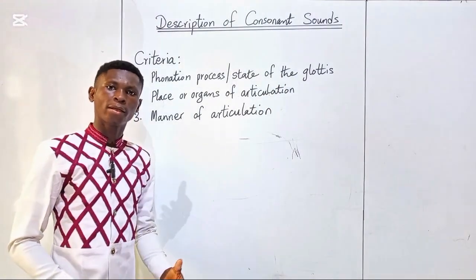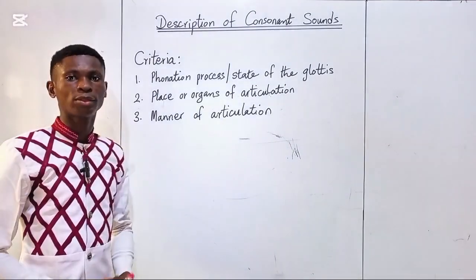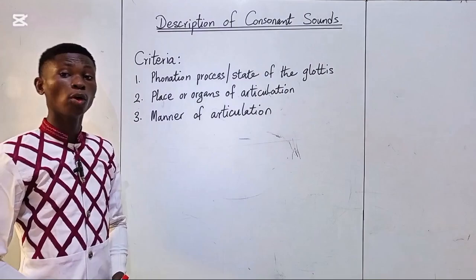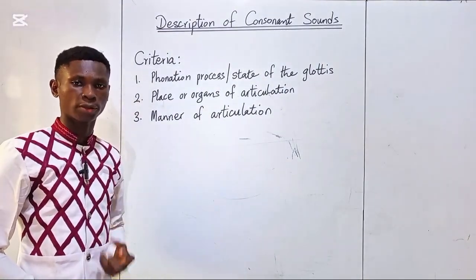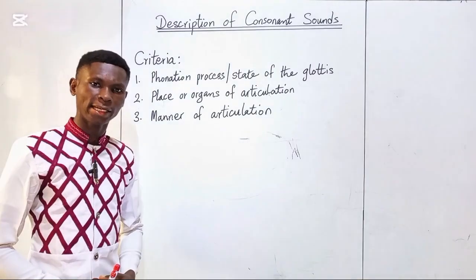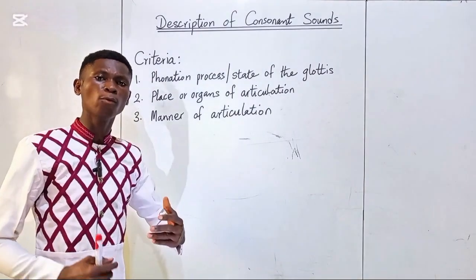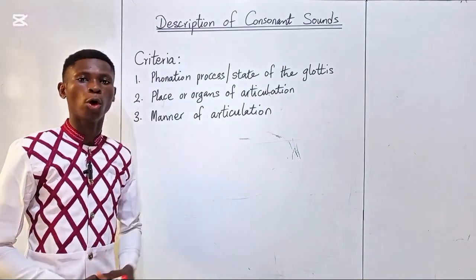During my tutorial on the organs of speech, I indicated the glottis. The glottis is the vocal cord, voice box. So when you articulate a consonant sound, in what state, in what condition is that vocal cord?